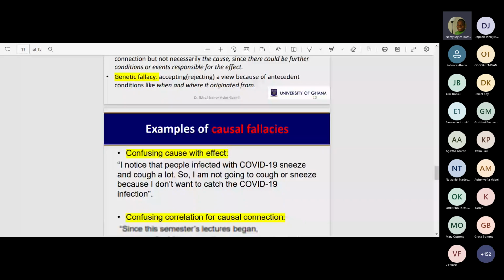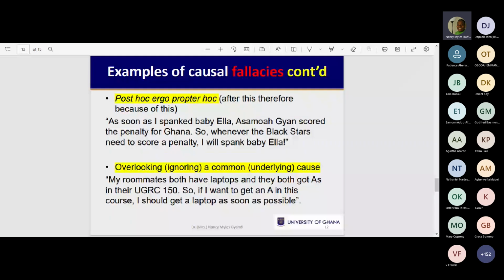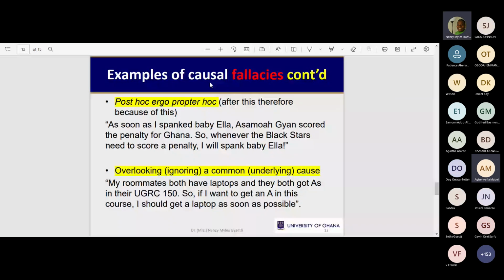Look at my example here. If you can see my screen, here it is. Maybe please read the post hoc ergo propter hoc fallacy that I put there. Madam, please, I can't see the example.